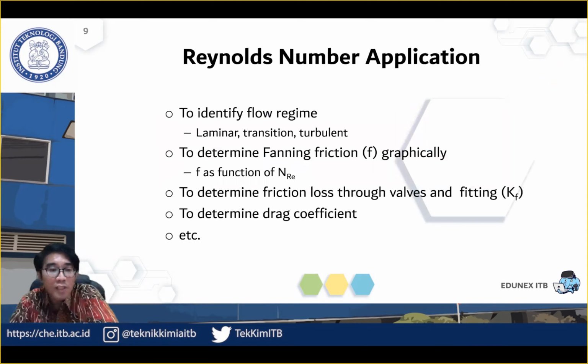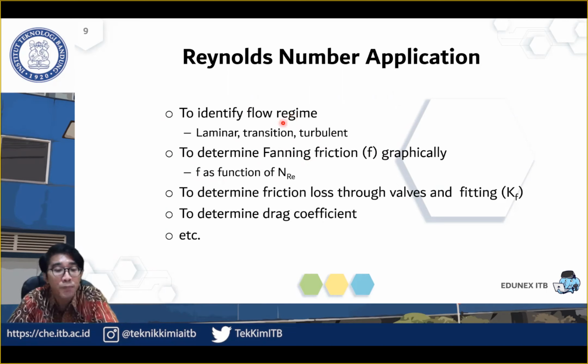Okay, well, we need to calculate the Reynolds number not only to identify the flow regime, but later when we are dealing with the calculation of friction force. Friction is the one that inhibits the fluid flow, right? So the friction force is basically influenced by the flow regime.